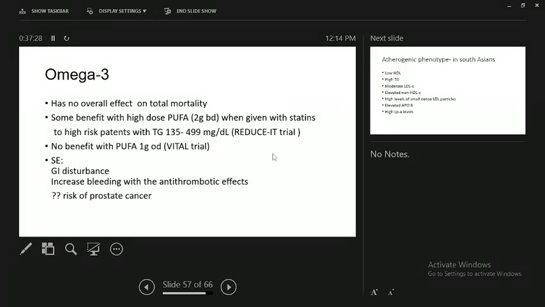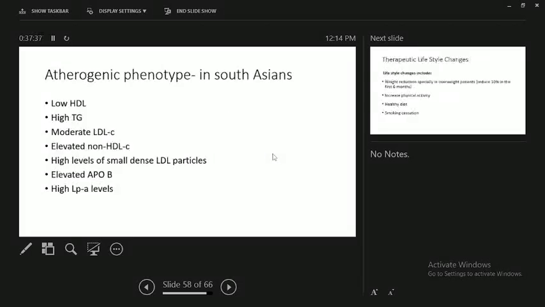So this is about omega-3. There are two trials: the REDUCE-IT trial with this high-dose PUFA, and the VITAL trial, which has shown no benefit with low doses. In South Asians, we do have an atherogenic phenotype.